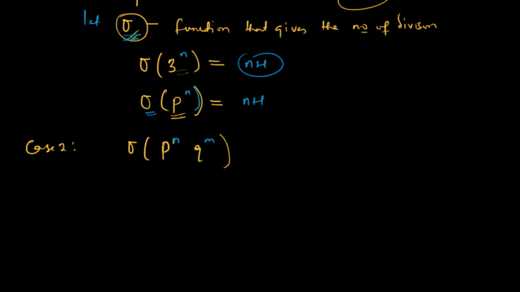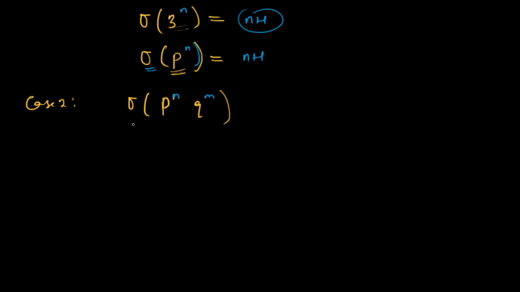Well, I'm just giving you tips that you can use in your exam, but this can be proved. What I want you to know is that the function we have here, sigma, is a multiplicative function. What do I mean by a multiplicative function?